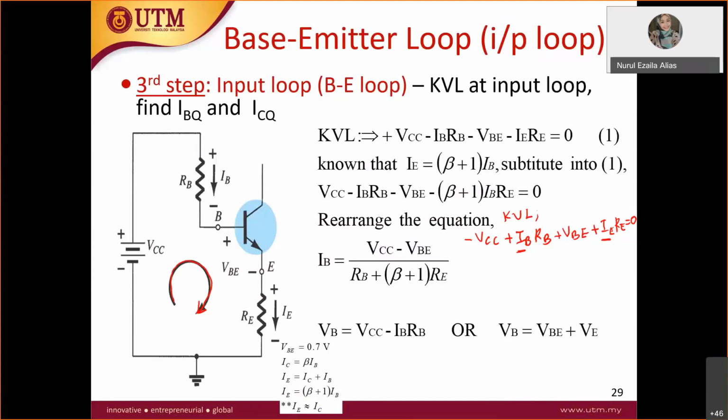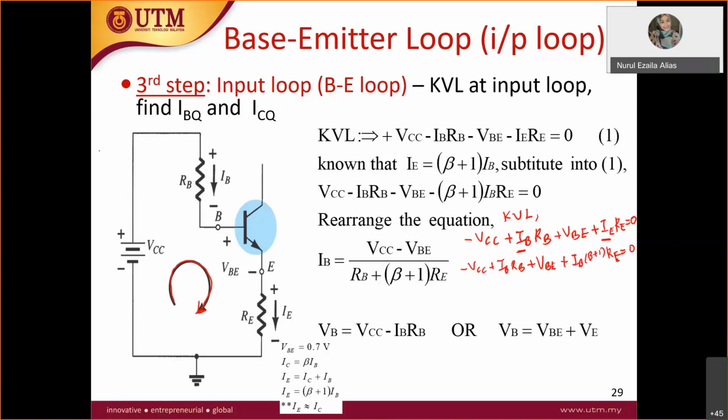We replace: you have negative VCC plus IBRB, and then you have VBE, and then you have IE, you replace with IB, beta plus 1, RE equal to 0. That's how you simplify the circuit.